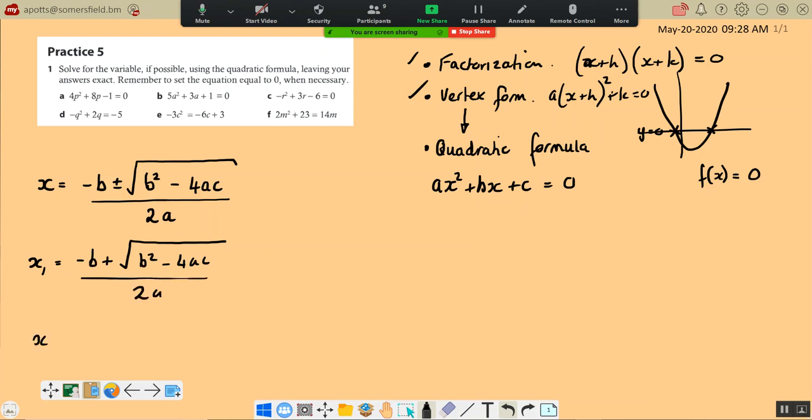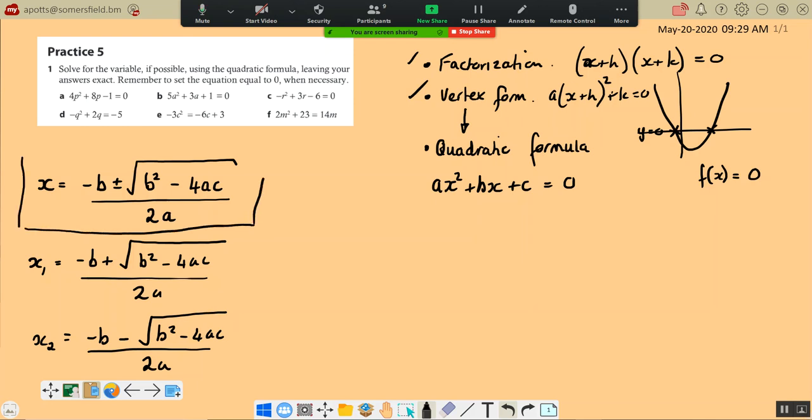And the second solution is negative b minus the square root of b squared minus 4ac over 2a. There are two solutions. So the quadratic formula is that.